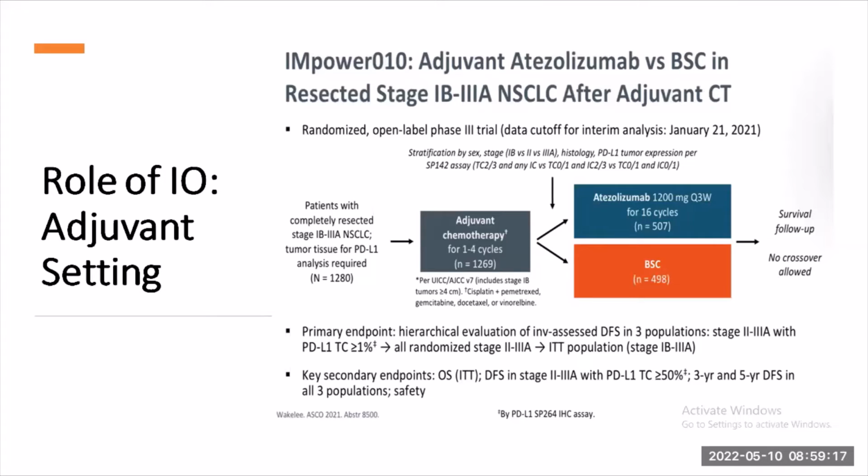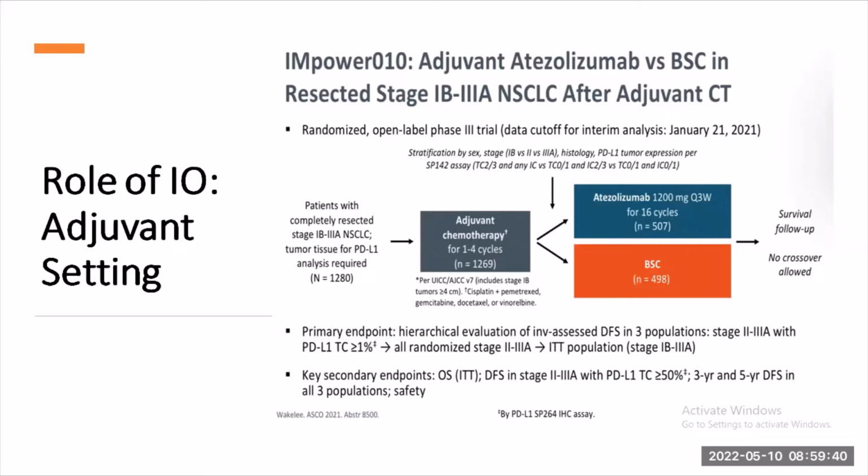Patients with completely resected stage 1B to 3A non-small cell lung cancer, tumor tissue for PD-L1 analysis was required. The patients completed adjuvant chemotherapy, cisplatin-based doublets, 1 to 4 cycles, and then they were randomized to atezolizumab 1200 milligram 3 weekly for 16 cycles versus best supportive care.